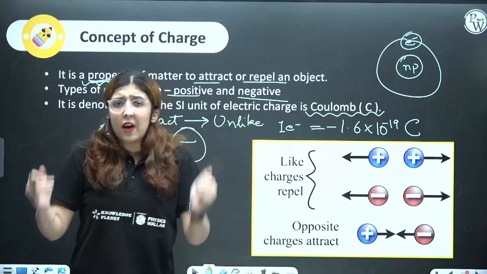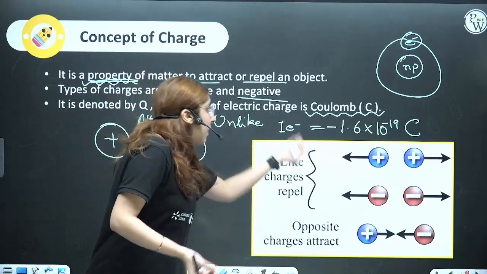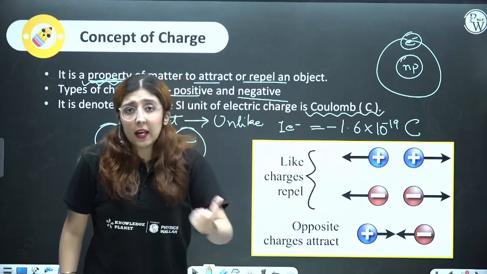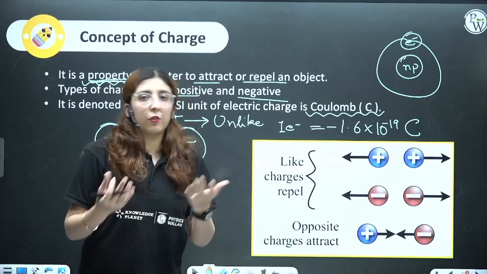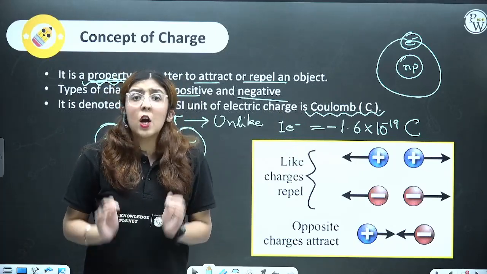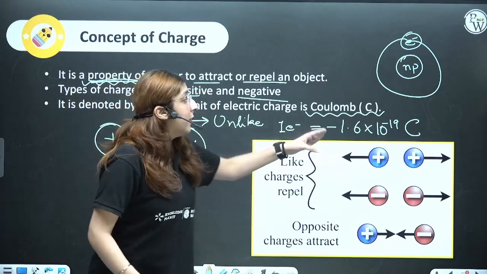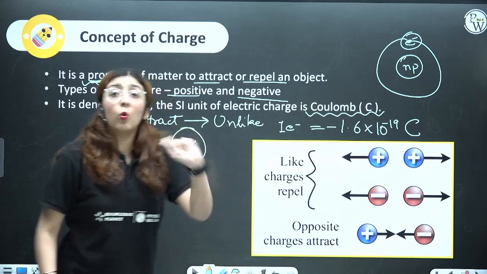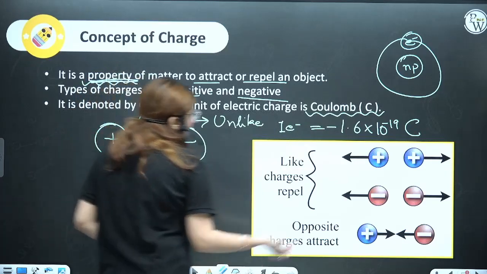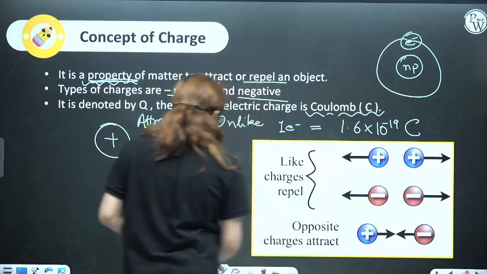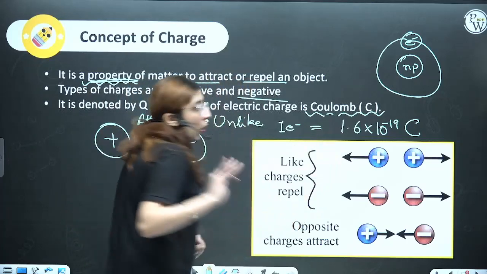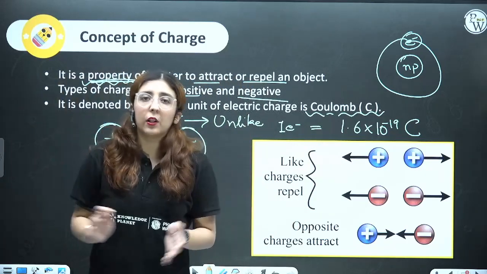But by far now, this negative sign is not important for us. So we are going to say 1 electron is nothing but 1.6 into 10 to the power minus 19 coulomb only. No need to use the negative sign for your standard. All these things are going to come in class 12th only.